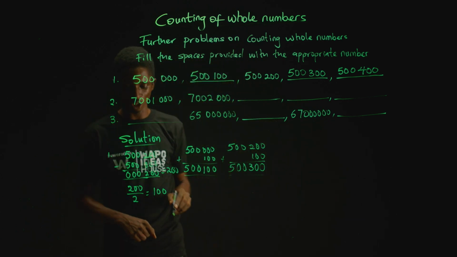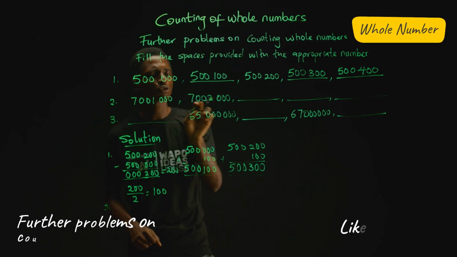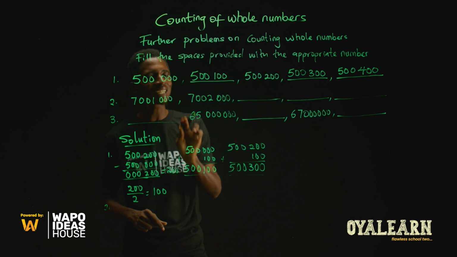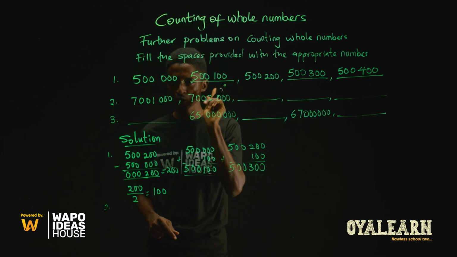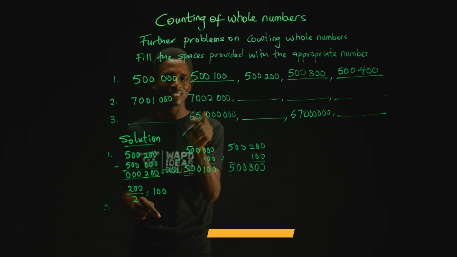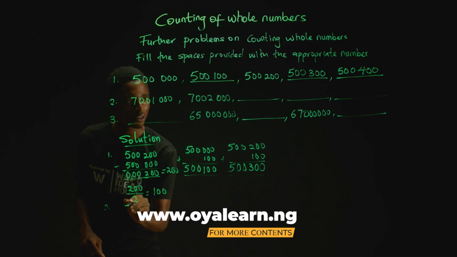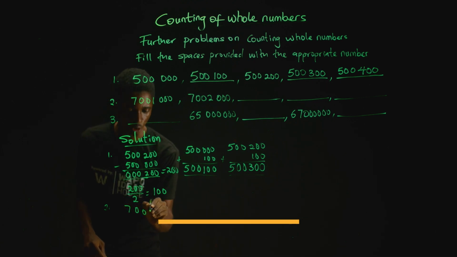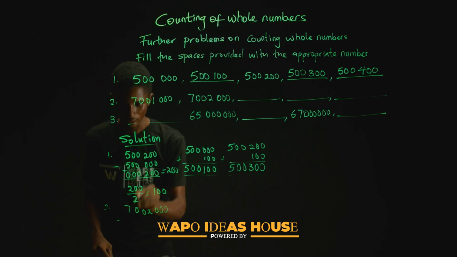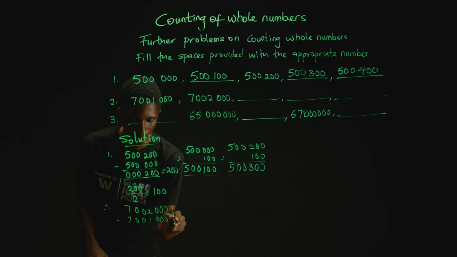Now to question 2. We have two numbers following each other. That means we have only taken one step. Just one step. So to find the relationship, we find the difference of these two numbers. In this case, we have 7,002,000 minus 7,001,000.